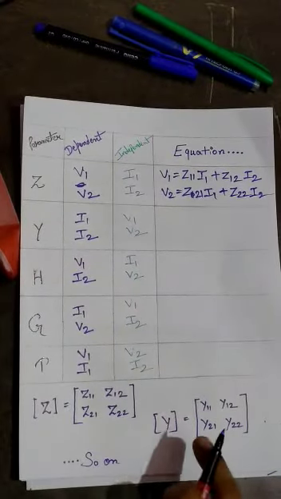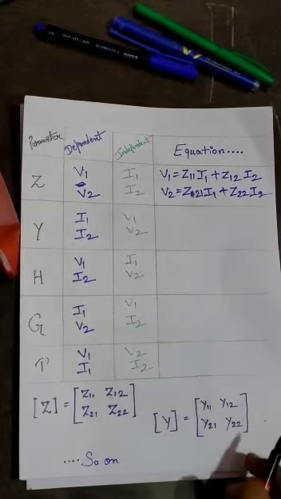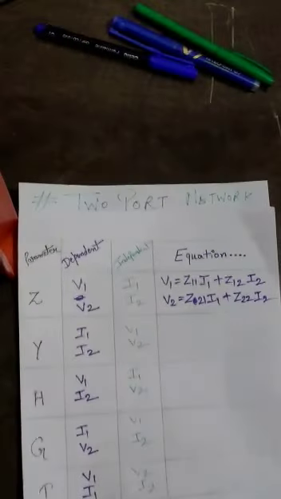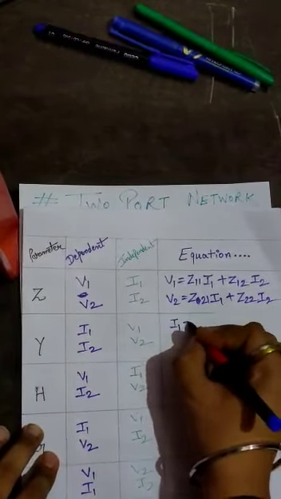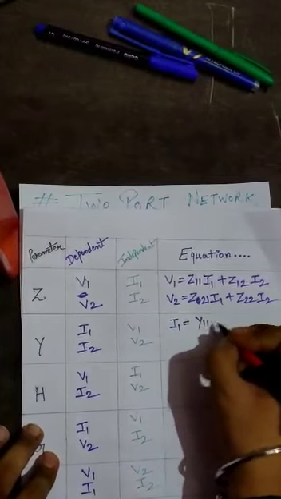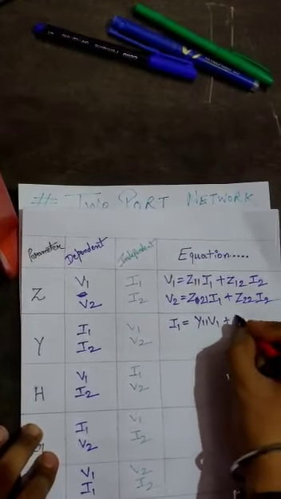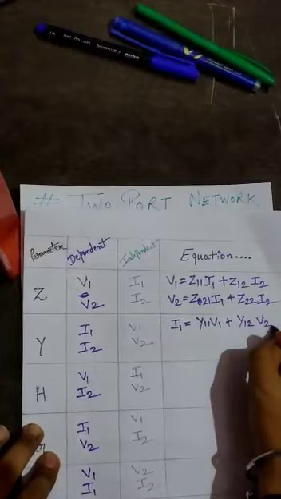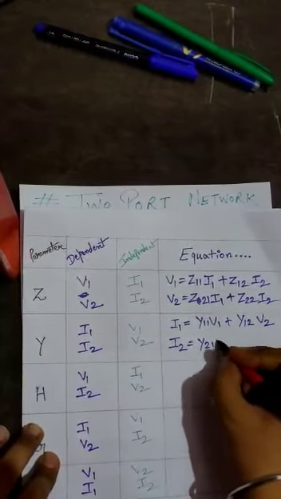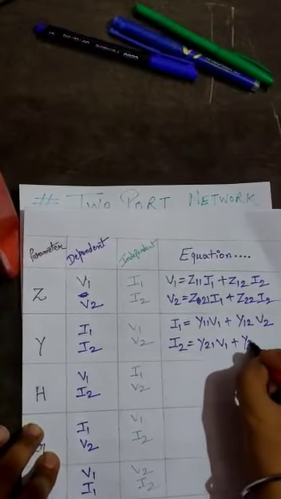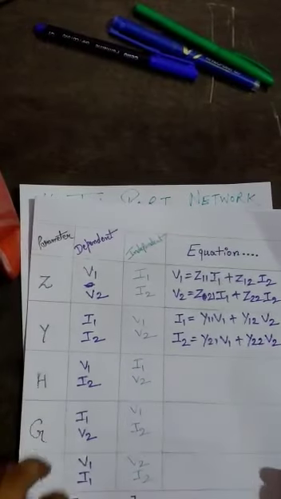In the same way, we can write the Y matrix: I1, which is dependent, equals Y11 V1 plus Y12 V2, and I2 equals Y21 V1 plus Y22 V2.